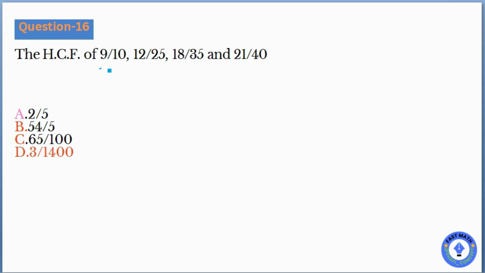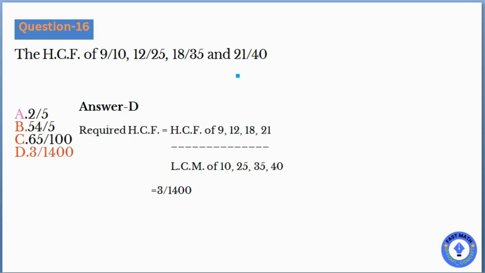Find the HCF of 9 by 10, 12 by 25, 18 by 35, 21 by 40. In such a problem, whenever HCF is asked for fractions, you just have to find the HCF of the numerators and the LCM of the denominators. The numerators are 9, 12, 18 and 21.